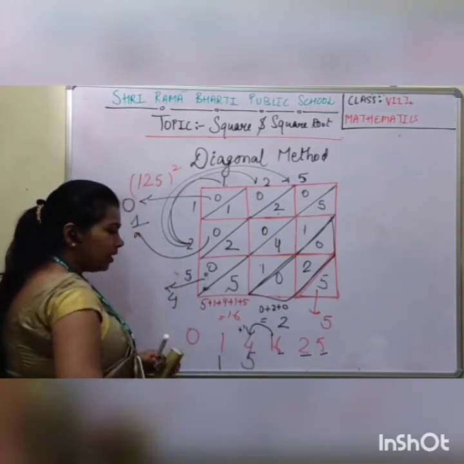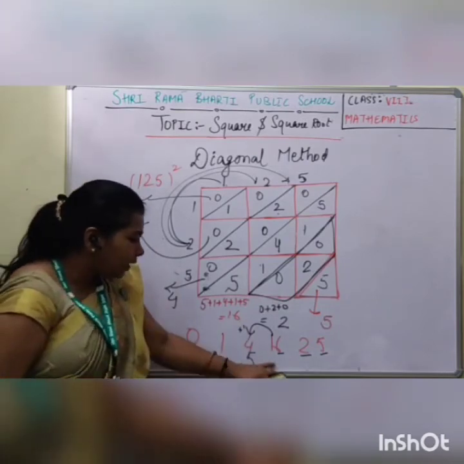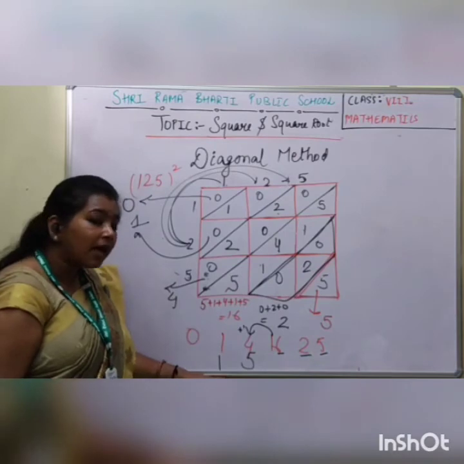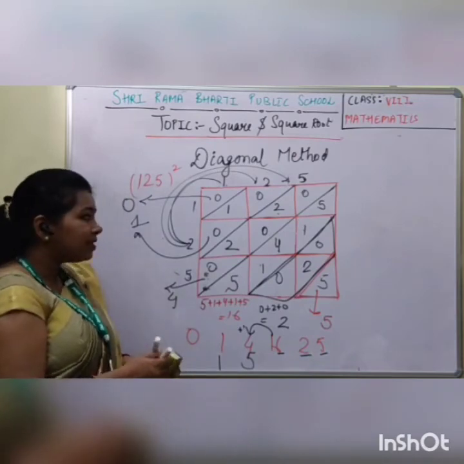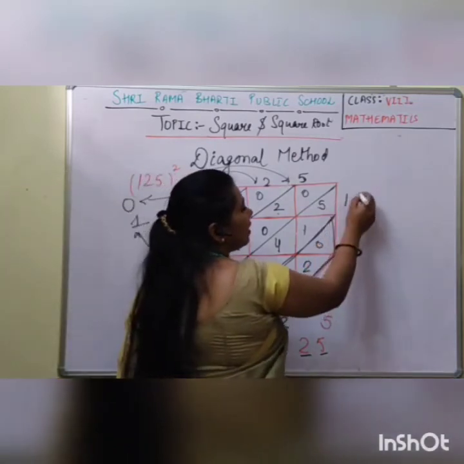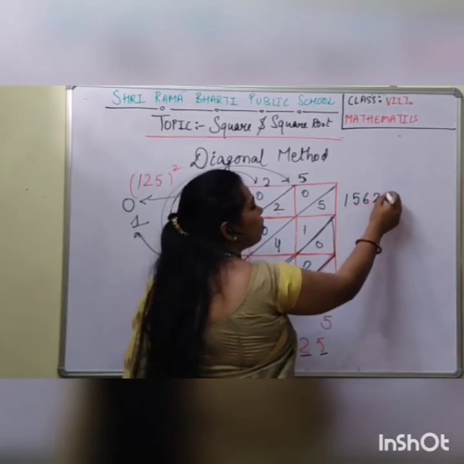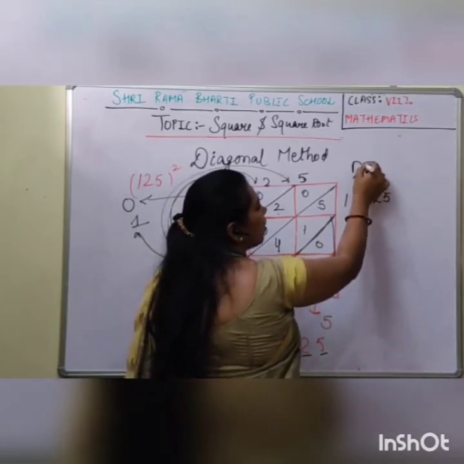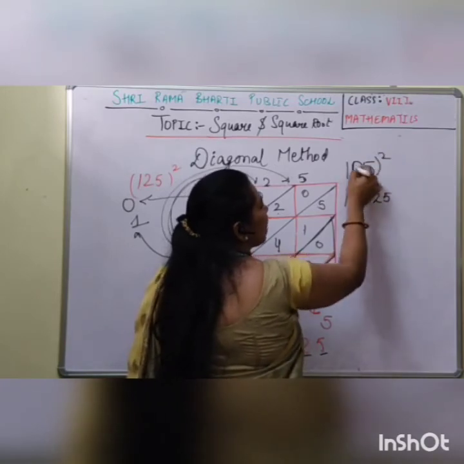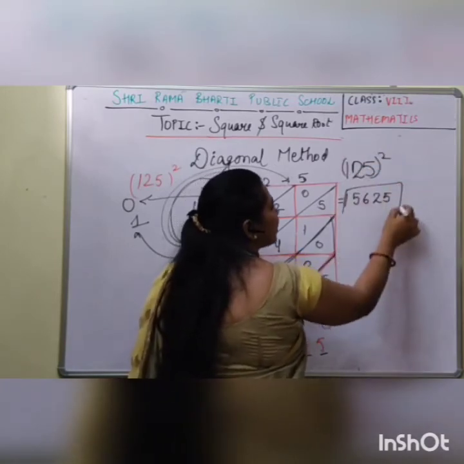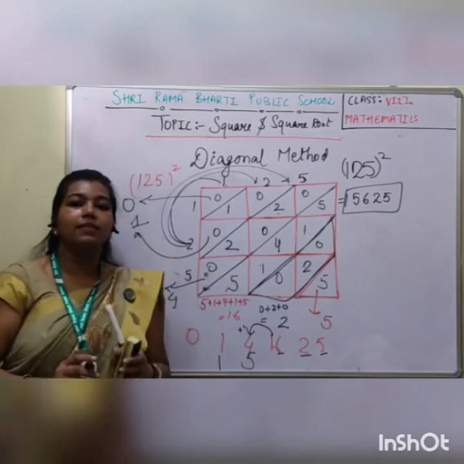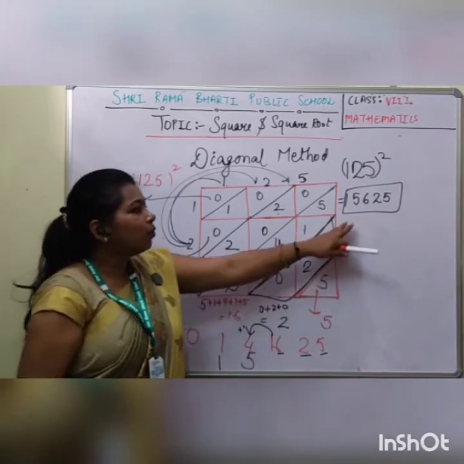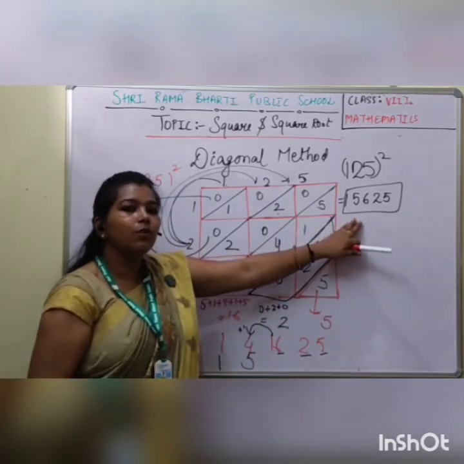Now here is 1. So by looking at all the digits which I have marked with black, my answer would be 1, 5, 6, 2, 5, and it would be the square of 125. It is considered that 1, 5, 6, 2, 5 is the square of 125.